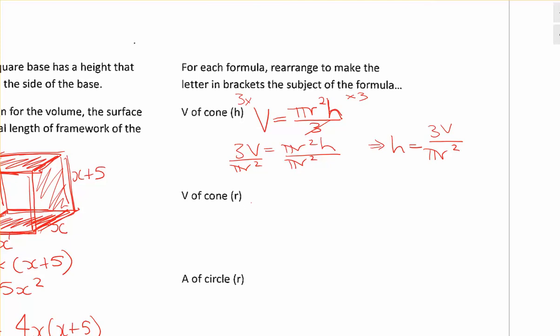Okay, radius, this time we want to find the r. So same formula, same start. Now we want to find r, so we need to divide both sides by pi and h.